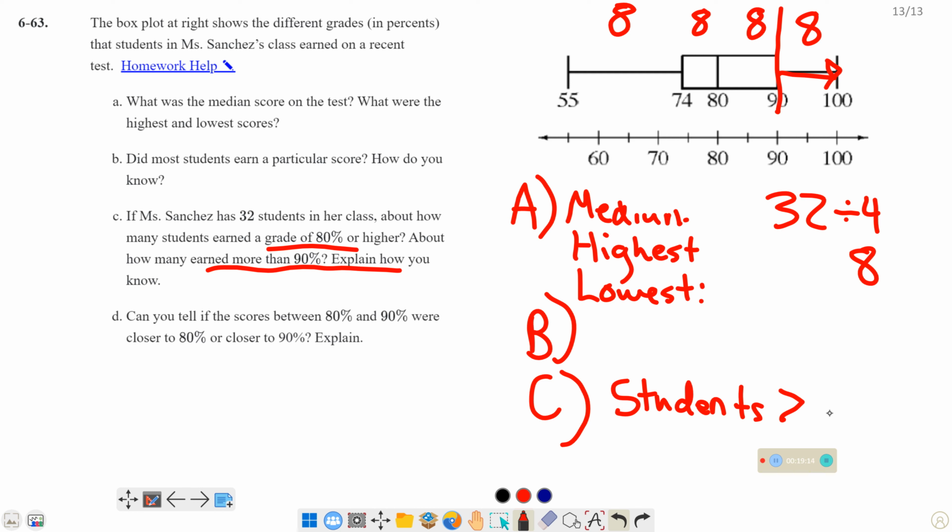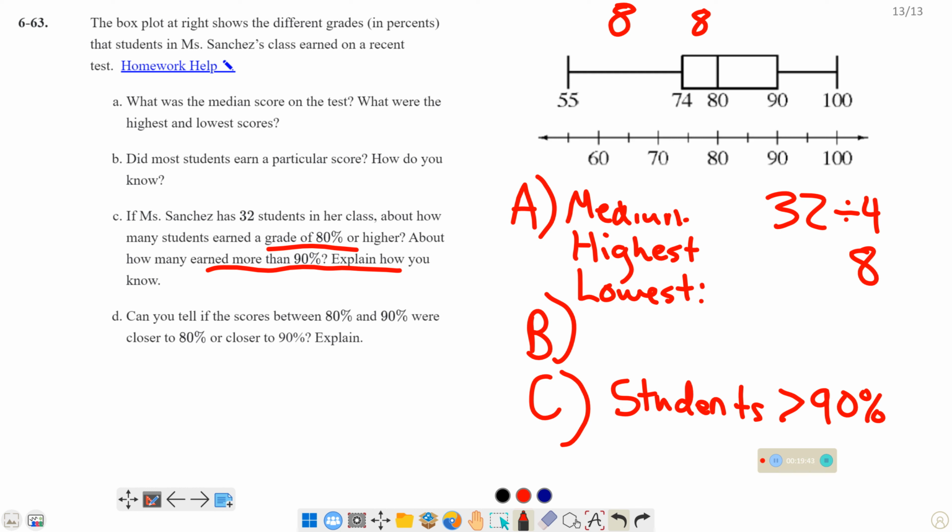Greater than 80%. And you got the number 16. And then you're going to write it again, and you're going to write greater than 90%. And the answer to that is 8. How do you know? Mr. McCoy said so on the YouTube video.